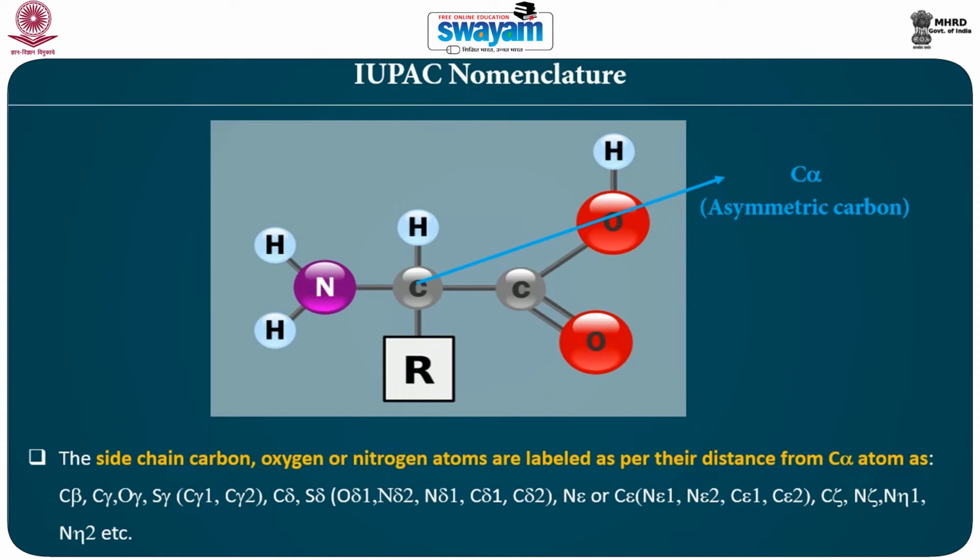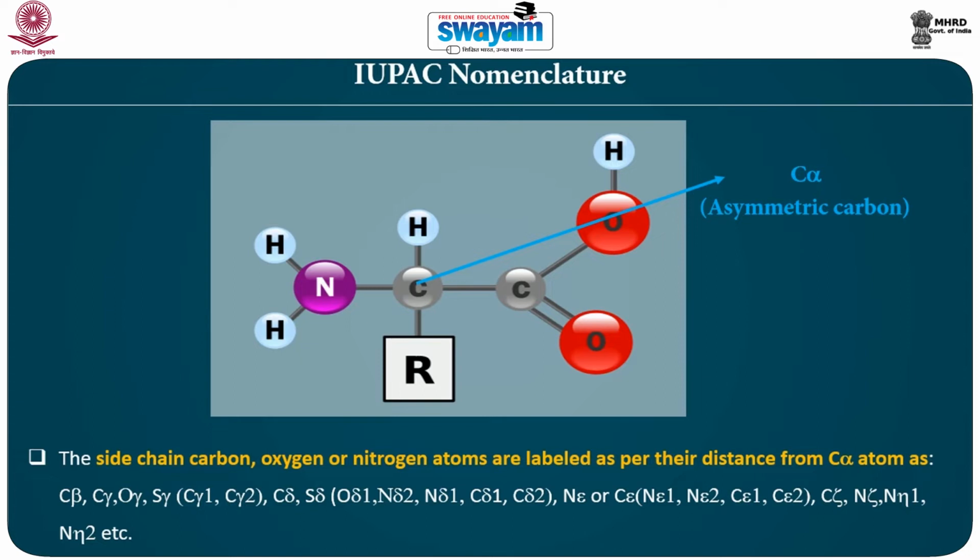The atom next to C alpha will be called C beta. Next to C beta will be called C gamma, or O gamma, or S gamma. Or if there are two carbon atoms at the same position, they can be called C gamma 1, C gamma 2.